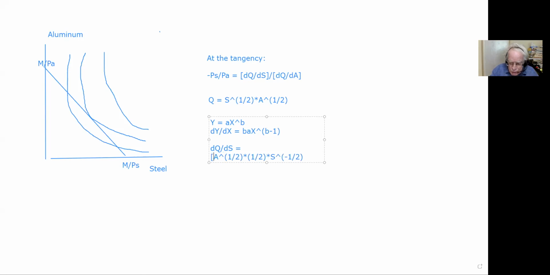So it looks a little bit messy, but we'll see that things simplify once we're looking at the ratio of the marginal products.